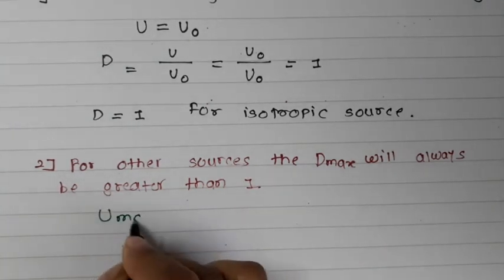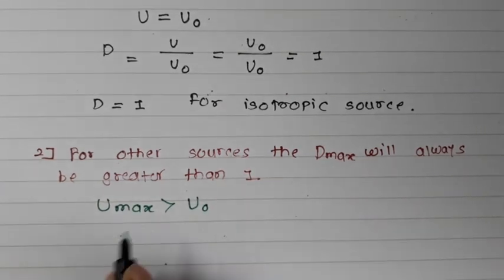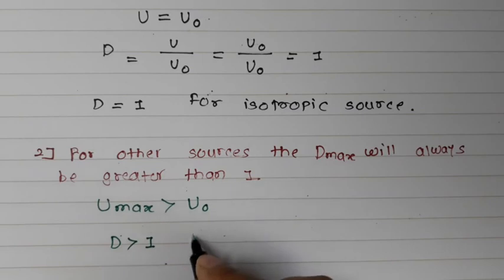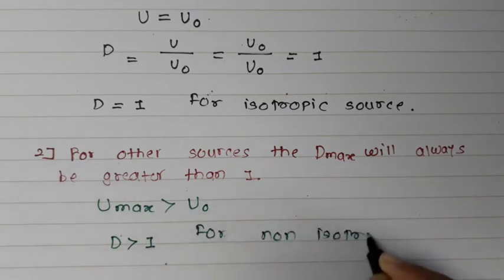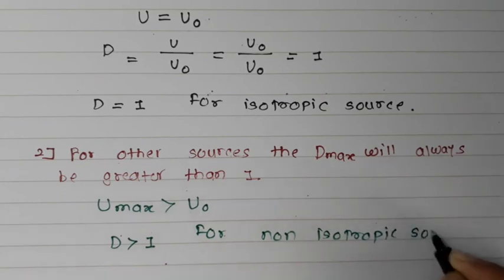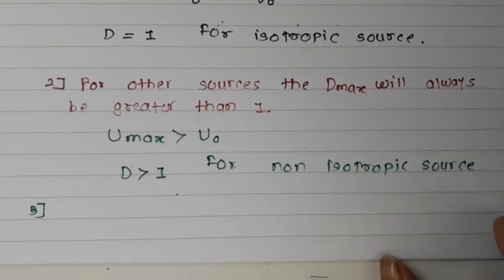Because your U max will always be greater than U0 in this case. So for an isotropic source directivity will be 1, and for a non-isotropic source your directivity will be more than 1.